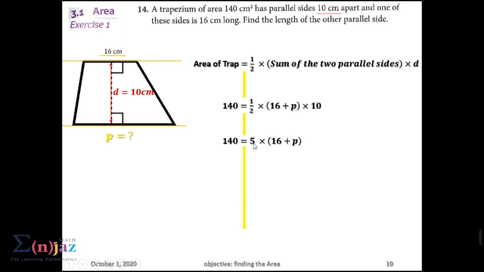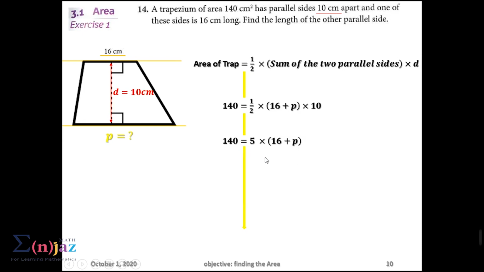So 5 times 16 is 80, plus 5 times P is 5P. Then you get rid of the 80, so you subtract 80 from both sides of the equation. So 140 minus 80 goes down to 60. And then 60 is equal to 5P. You divide each side of the equation by 5 and P will come down to 12 centimeters.